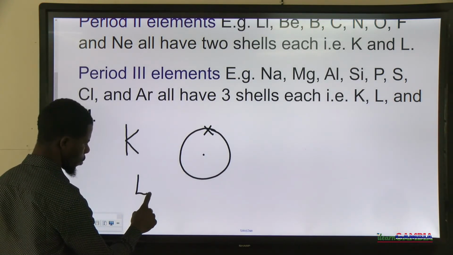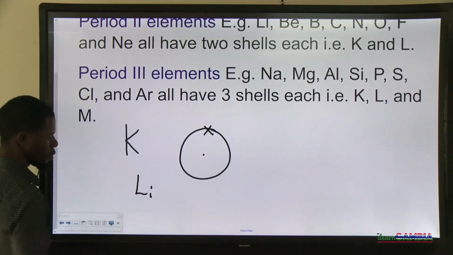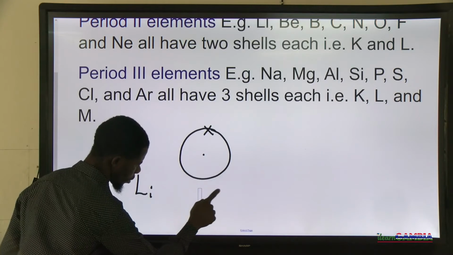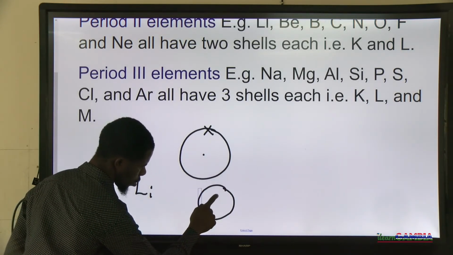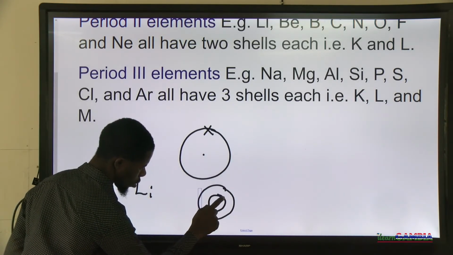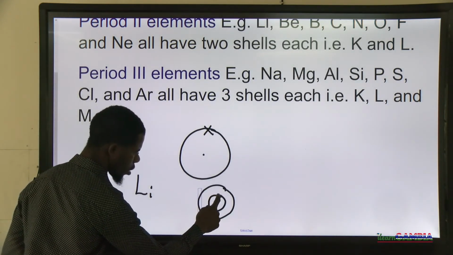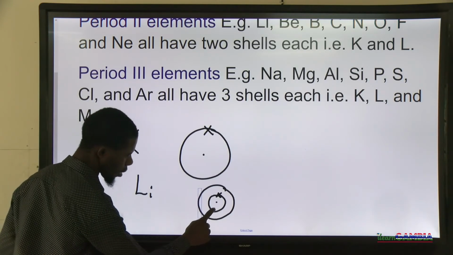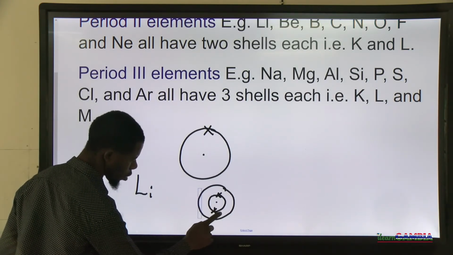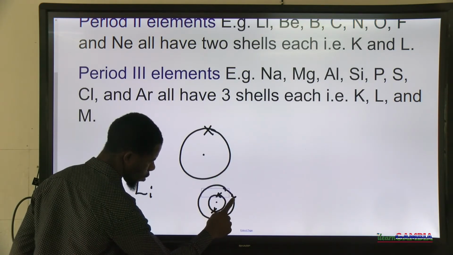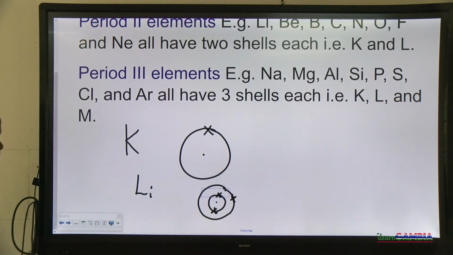Lithium, which is in period 2, will have 2 shells. Because of these 2 shells for lithium, the first shell will carry a maximum of 2 electrons and the last shell will carry only 1 electron.